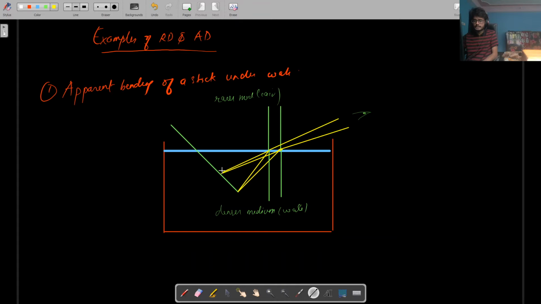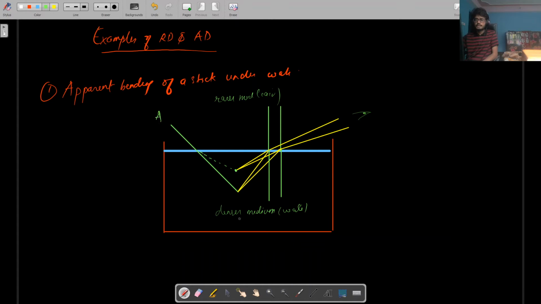Not exactly on this line itself, it will be a little bit raised. And here these lines will meet somewhere here, which means the stick will appear a little bit raised to us, like so. So for us the stick will be somewhere here.